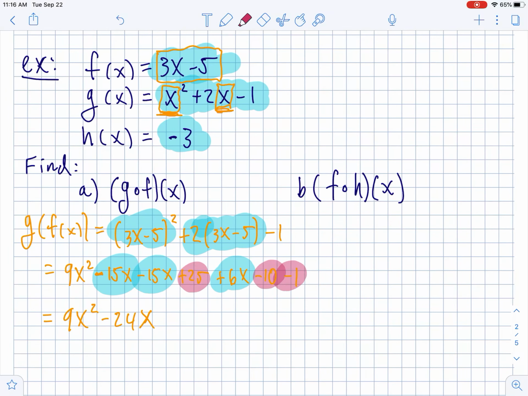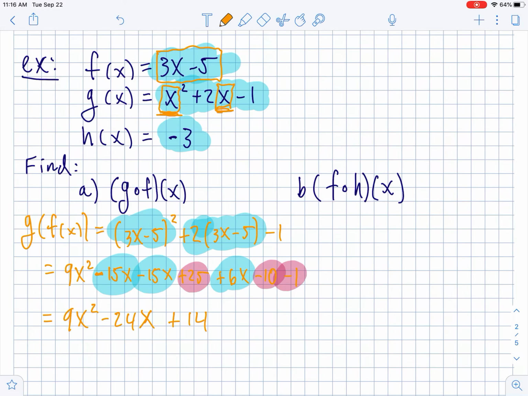That's negative 11 plus 25, which is 14. And then that's as simplified as it gets. So that is g of f of x, and I'm going to leave it right there.